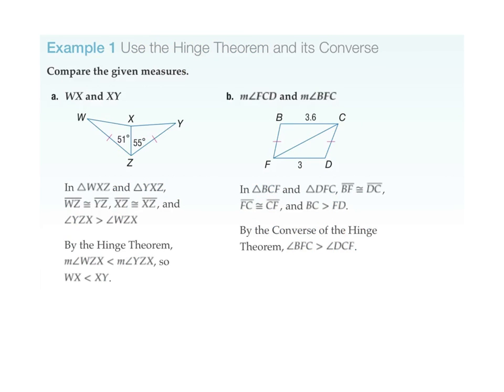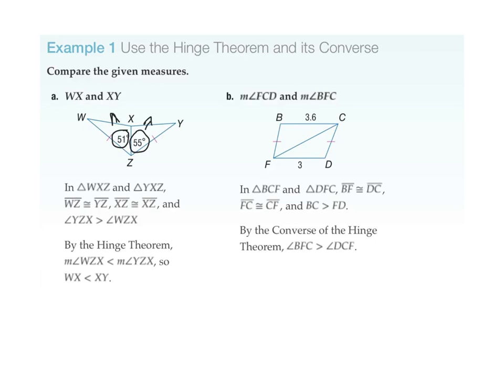So this is comparing given measures. If we look at these two triangles, this one has got 55, this has got 51. So you know by definition that this side is going to be greater than this side.